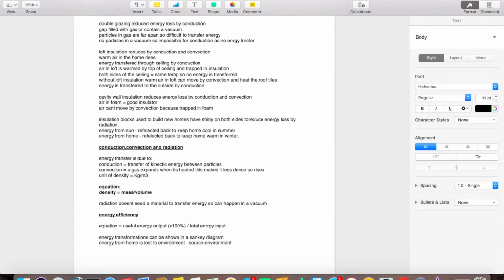Different types of insulation cost different amounts and save different amounts of energy.